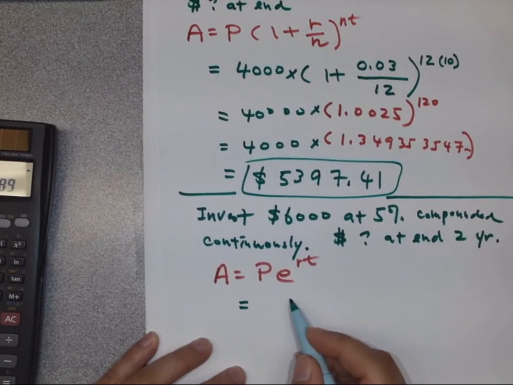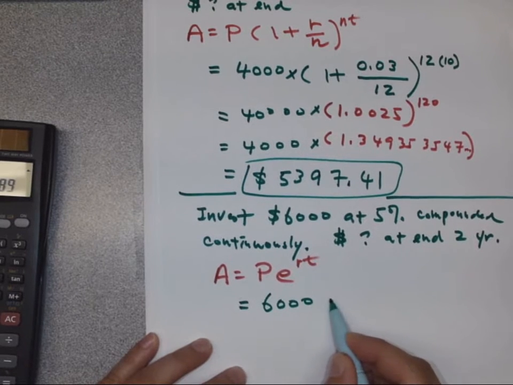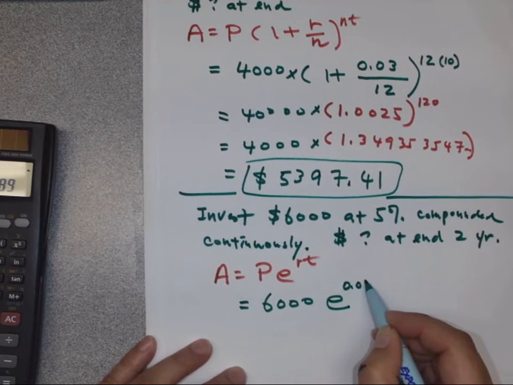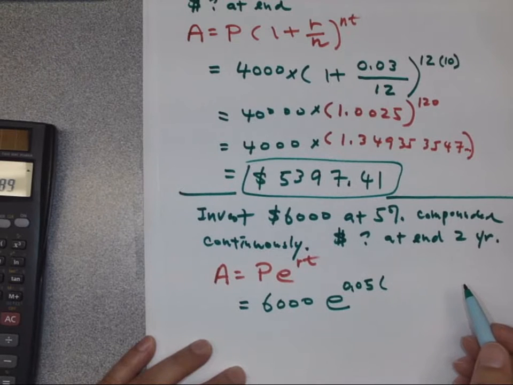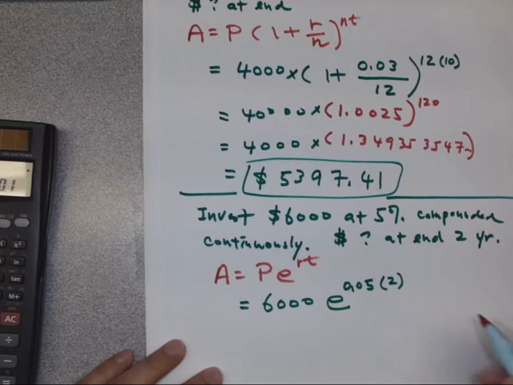The principal is $6,000. E is in your calculator. Interest rate is 0.05. We convert the 5% to decimal, times 2 years. Okay. So 0.05 times 2 is 0.1.